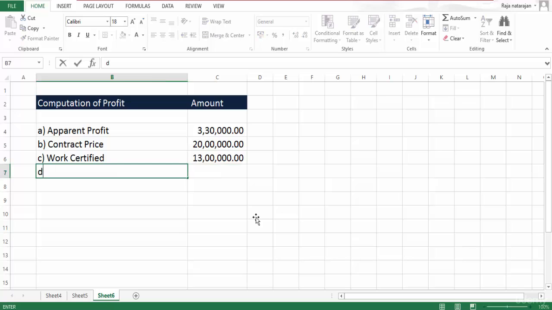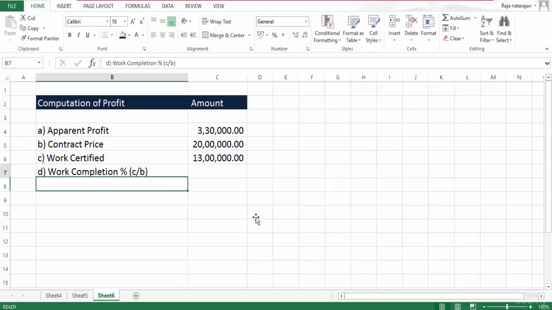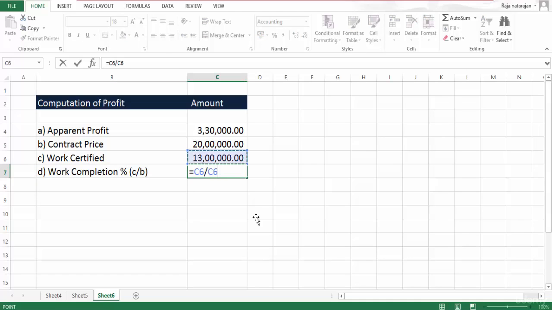So I can say work completion percentage, which is say C divided by B. 13 lakhs divided by 20 lakhs, so in percentage it is 65%.